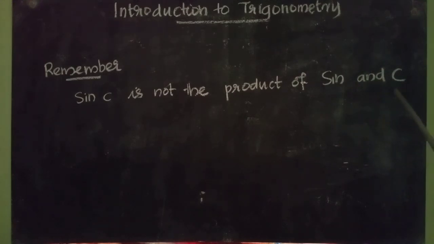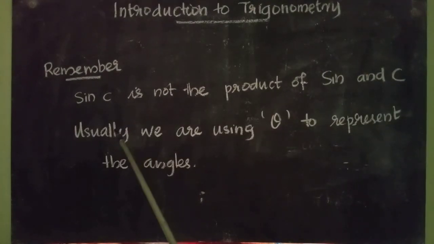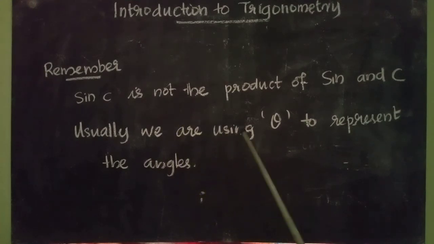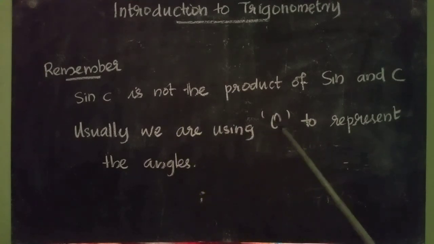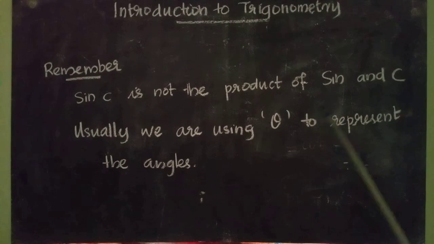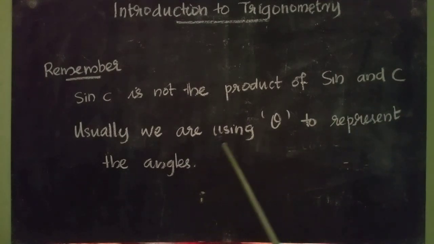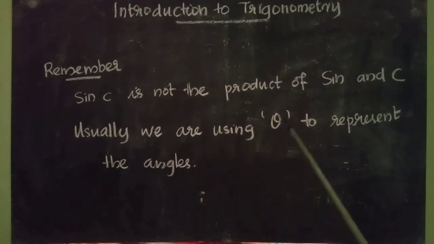Sin C means the trigonometric ratio of the acute angle C. So, it is not the product of sin and C. Another thing, usually we use this symbol, theta, to represent the angles. So, theta is a variable. The value of the angle will change according to the angle.